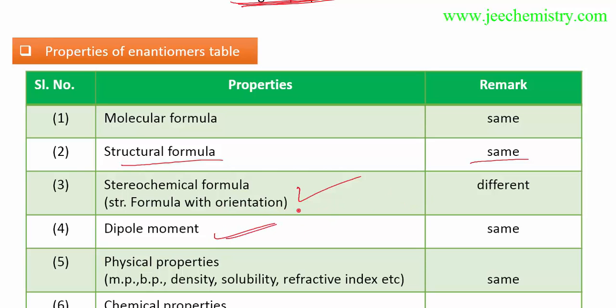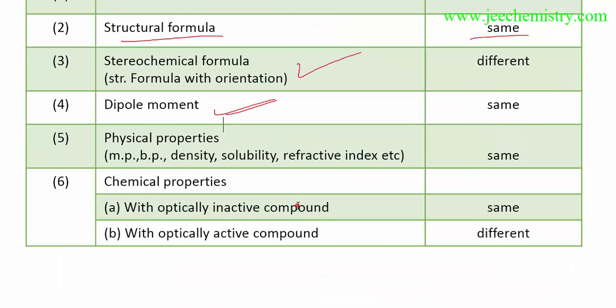Dipole moment is the same, as the two compounds are the same in this respect. Physical and chemical properties are the same. Solubility, refractive index, density, melting point, and boiling point of an enantiomer pair are the same. Chemical properties with optically inactive compounds are the same, but with optically active compounds they are different.